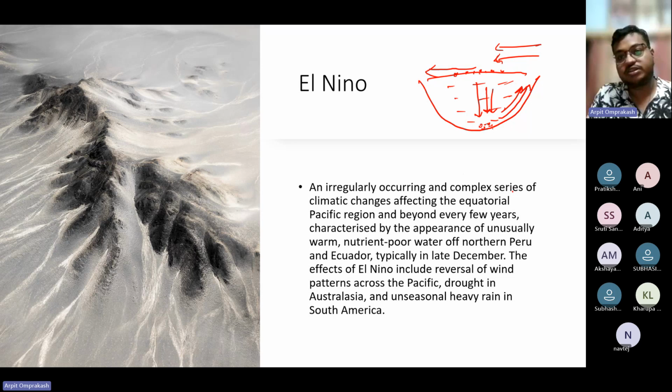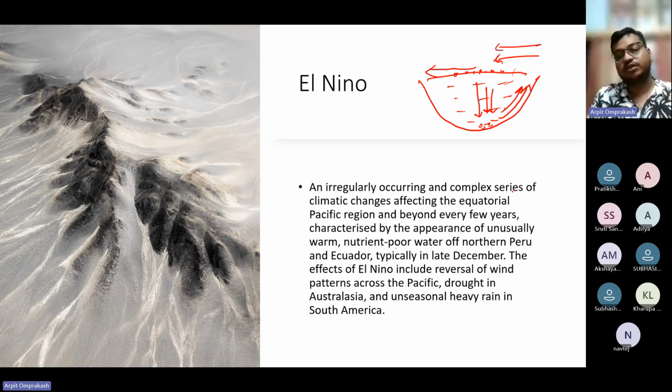Along with it come up the remains of these phytoplanktons, which are nutrient rich. They come up to the surface and provide a lot of nutrients, and the fishes and their larvae can feed on that and grow, and the population of the fish can increase.